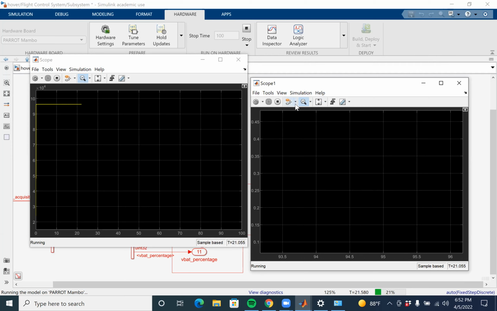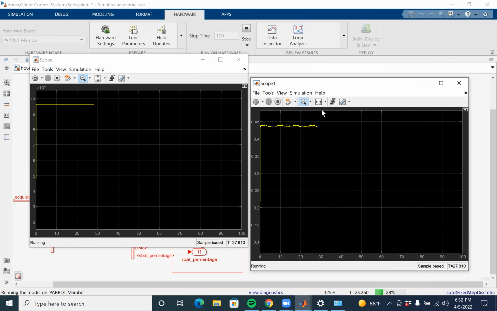What happened? Need to fit this. So this is the value that I'm getting.